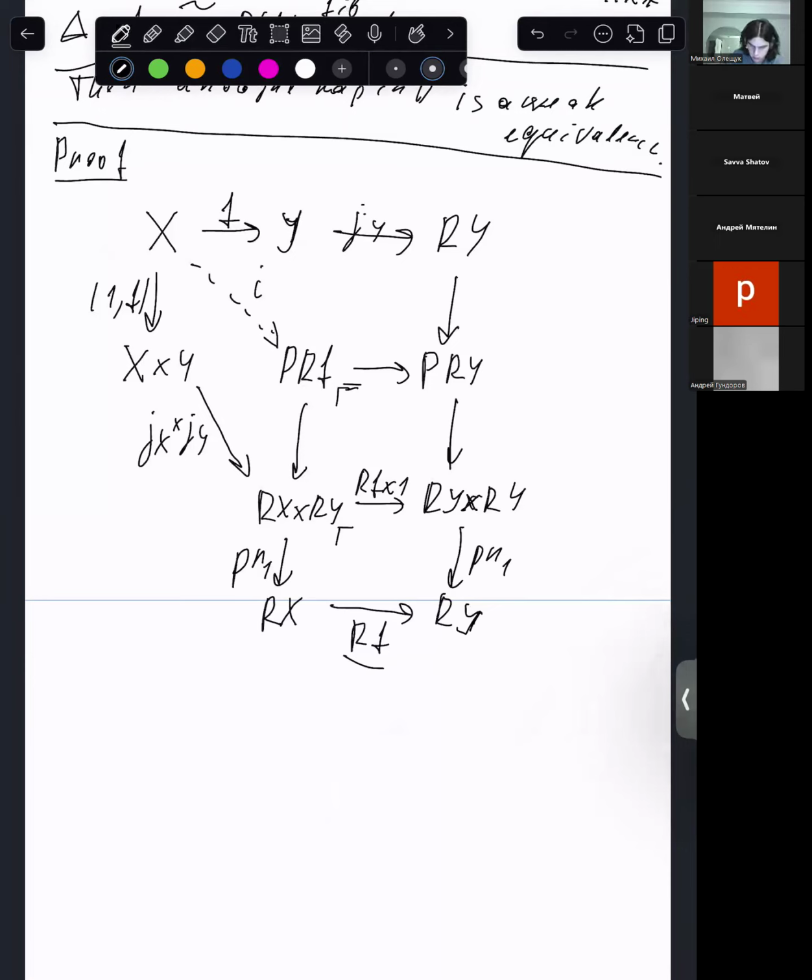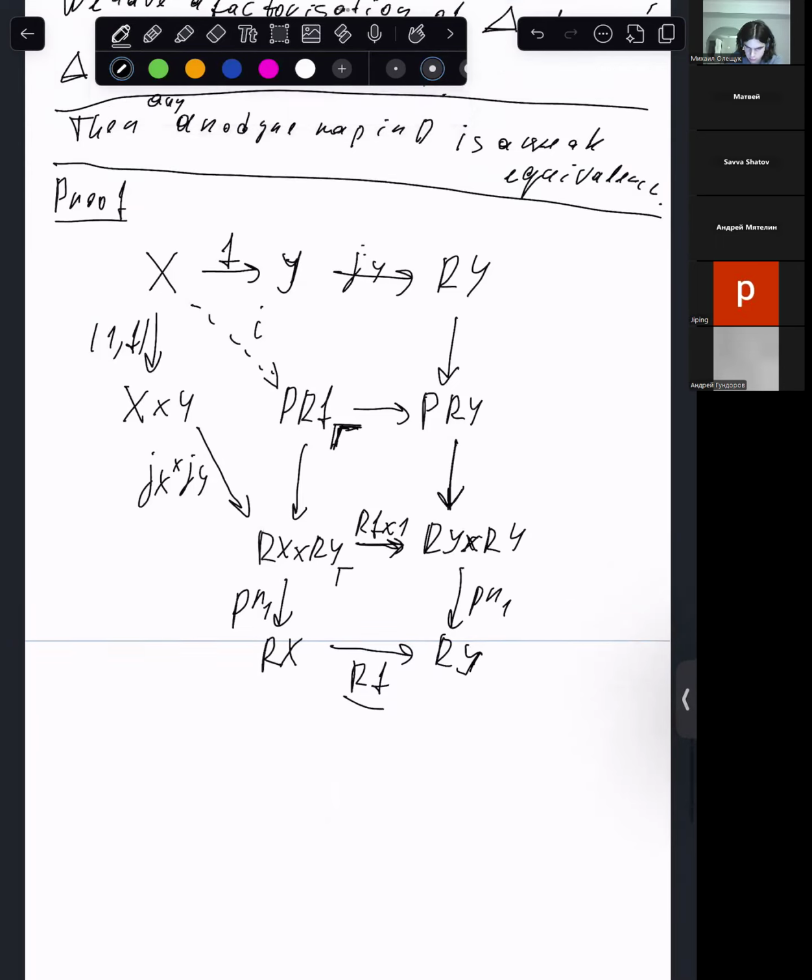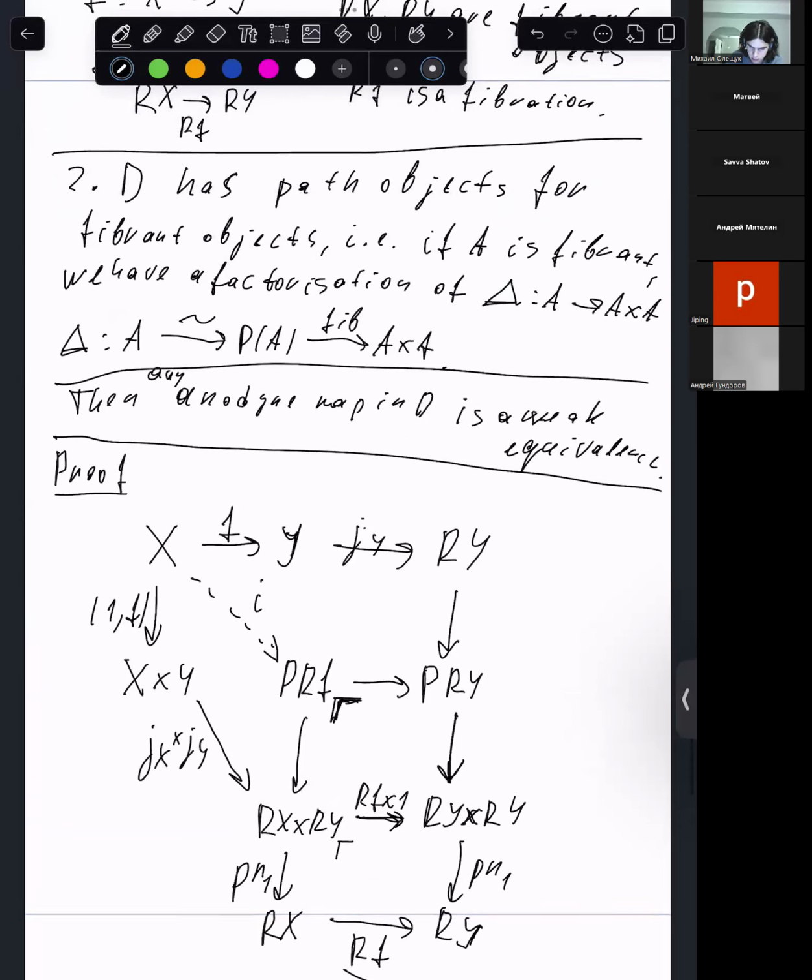And the second one is the pullback of RF by this map that is a component of the factorization from the second condition.